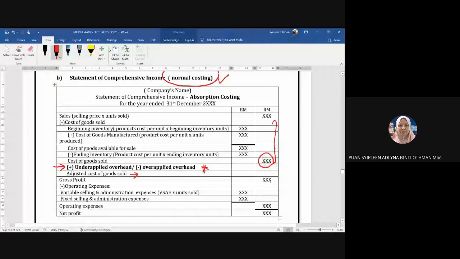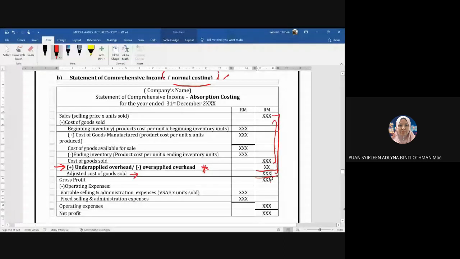Okay, so tadi you dapat ni. Okay, so the item will be here. That is your over applied or under applied, and then you'll get your adjusted cost of goods sold. Bila kita ambil sales, kita minus dengan ini. Okay, and you akan dapat gross profit, which is this one.